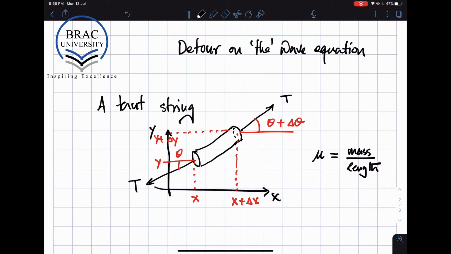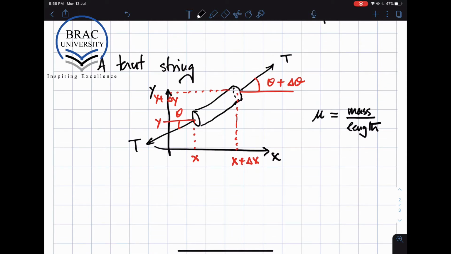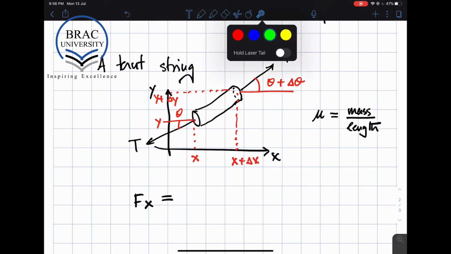So what's the force on this string? In the x direction, over here we have the tension going in the positive direction, and here the tension is going in the negative direction.